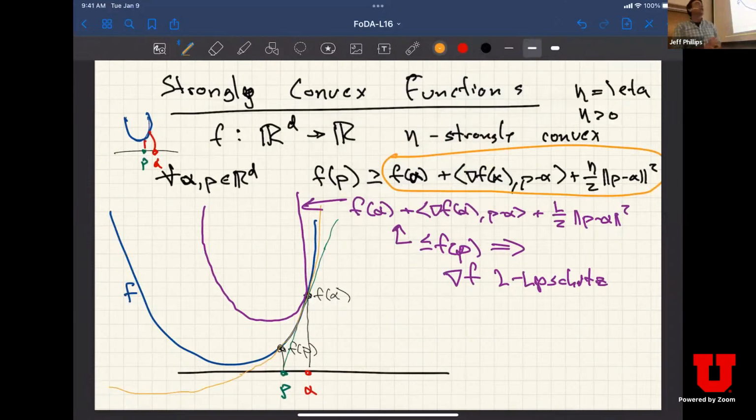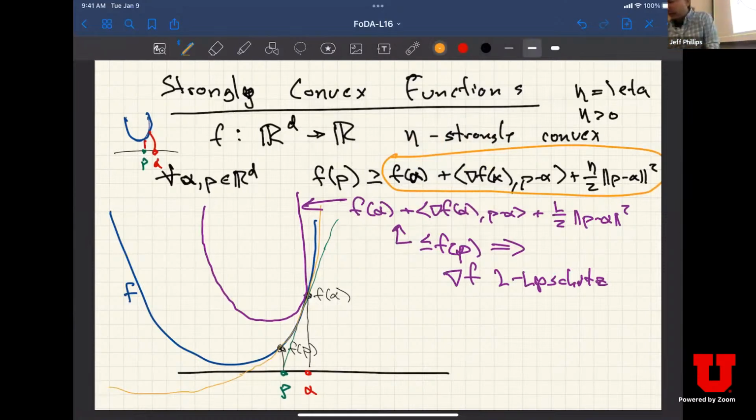If I know it's kind of defined by these parabolic functions, these squared error functions, then it will have to have some form like this, right? So the purple one, do you have f of p is greater than both of those functions? I think f of p should be less than the purple function.